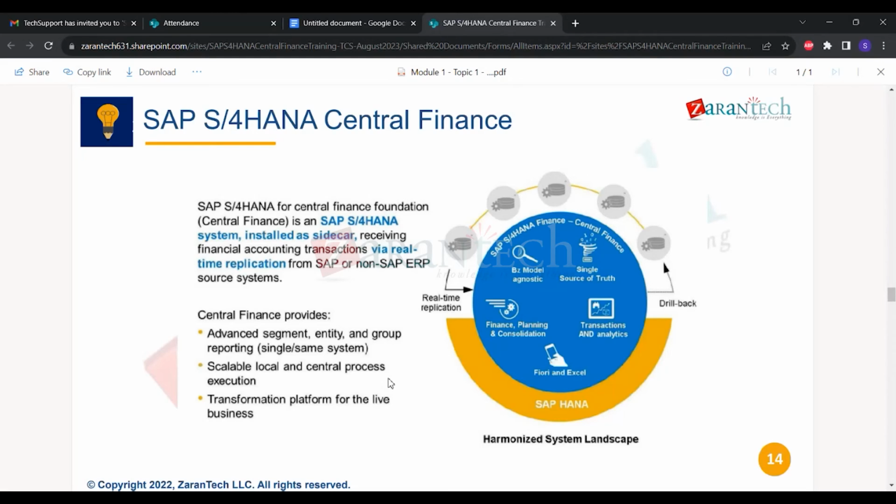That new instance of S4 HANA you can connect to the CFIN system, so your S4 HANA migration after that will go flawless. Central finance is considered one of the most non-disruptive ways to pave the path for the S4 HANA implementation.